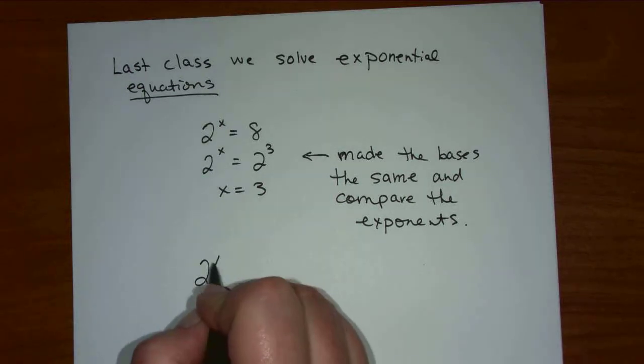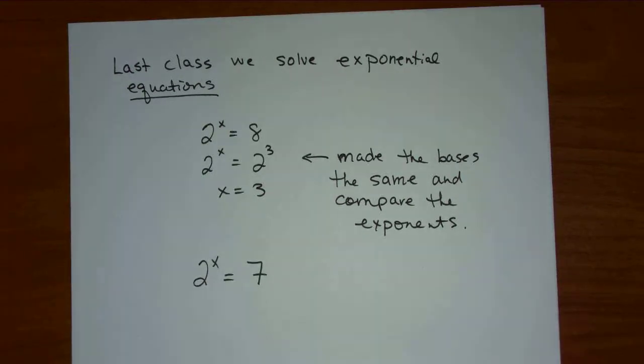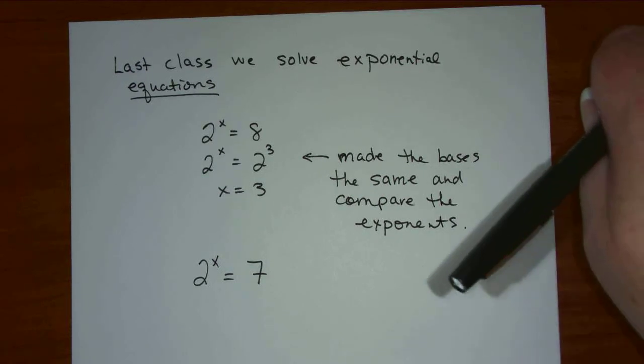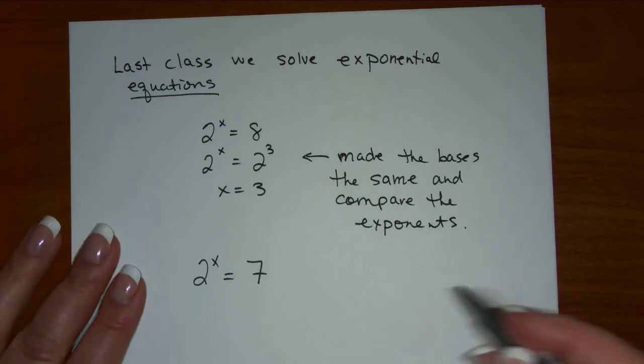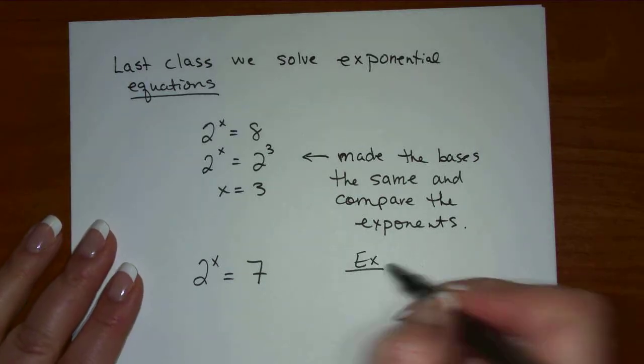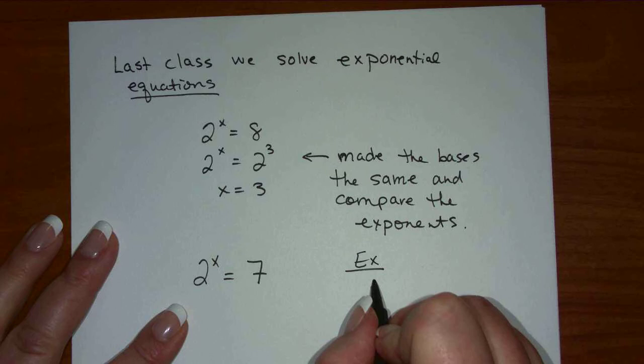So 8 can be written as a base 2, but 7 can't. So that's where we need to use logs. Okay? So let me show you the equivalent with a cube root, for example. If I had x cubed equals 5, how do you solve for x?